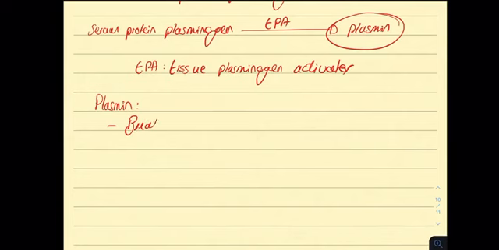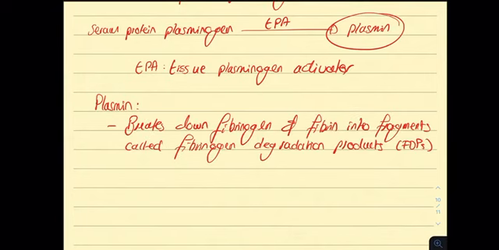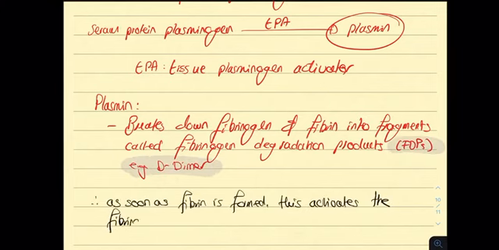Now plasmin is a serine protease. This breaks down fibrinogen and fibrin into fragments known as fibrinogen degradation products, or FDPs. An important example of this is D-dimer, which is clinically measured in various pathologies. So, as soon as fibrin is formed, the fibrinolytic system is activated.